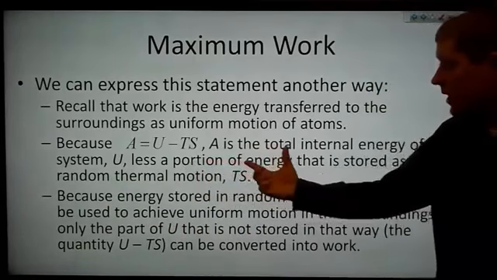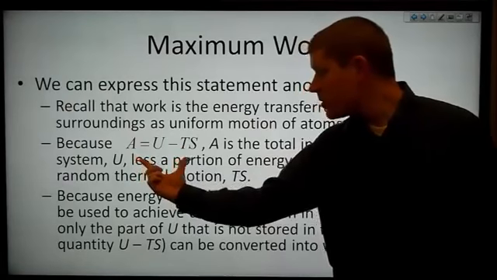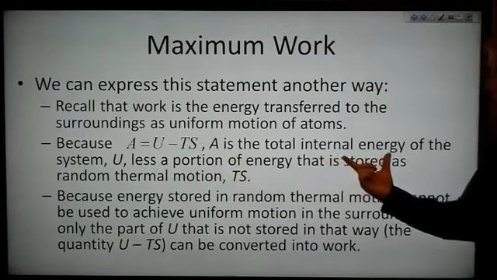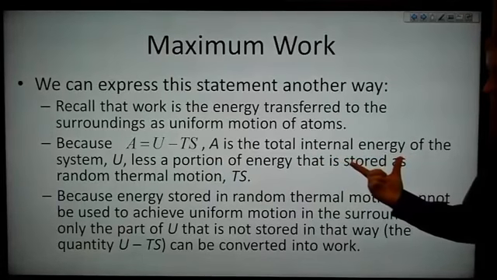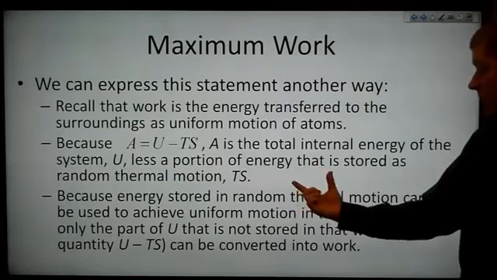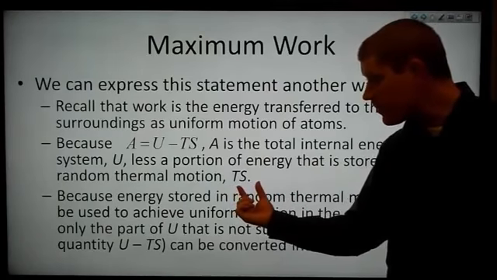So, because we have this equation, A equals U minus TS, where A is the total internal energy of the system, U, minus a portion of energy that is stored as random thermal motion, TS.